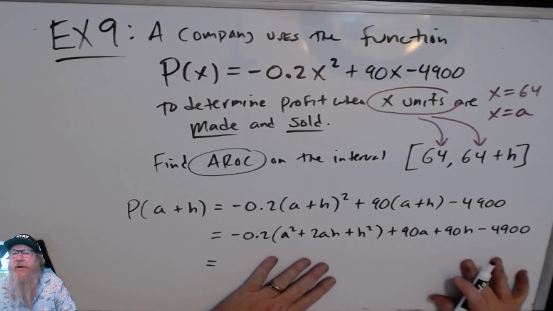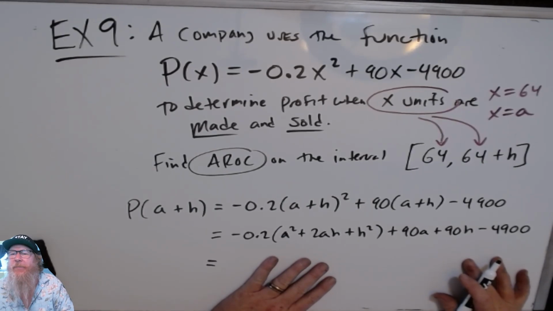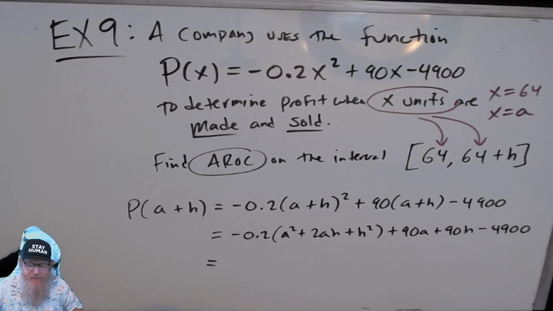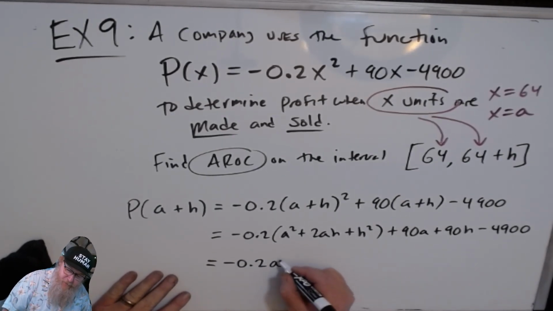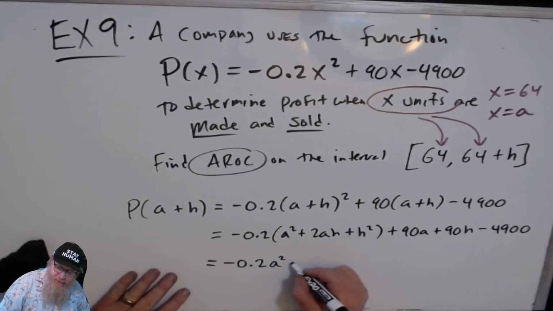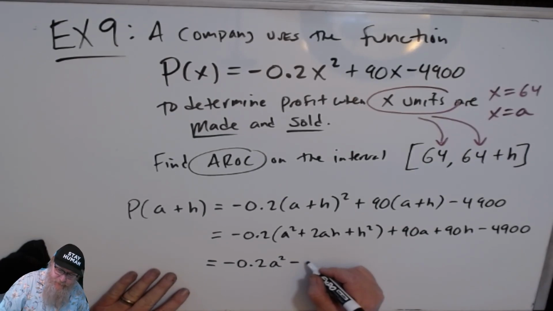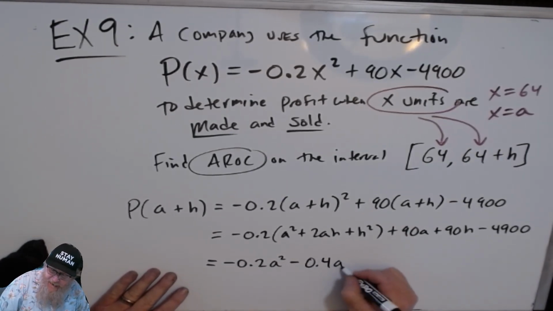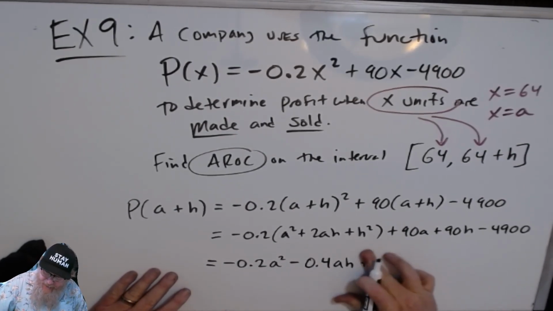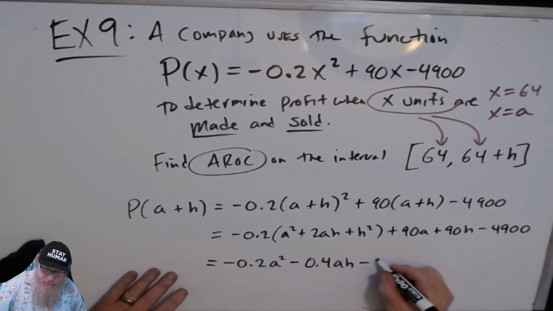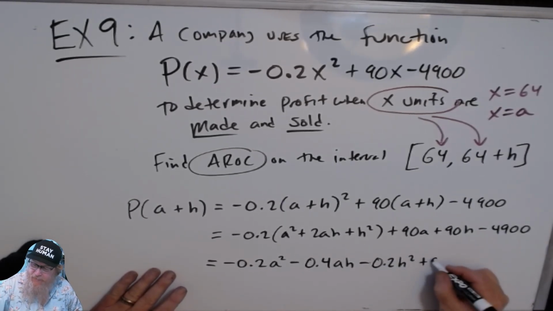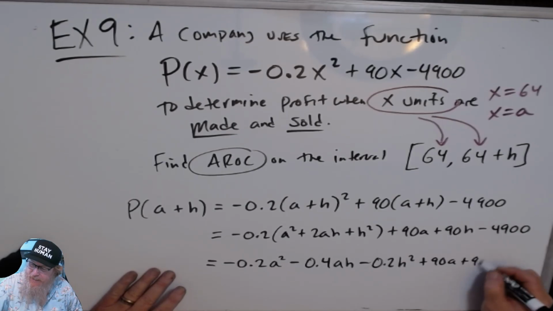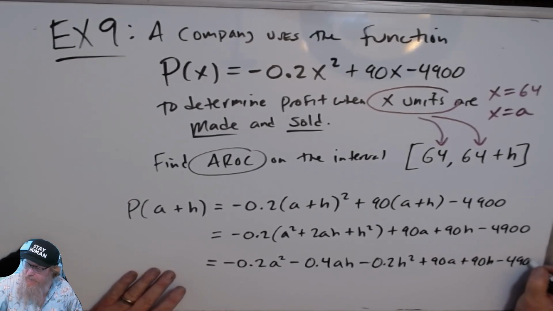Does that look familiar? Yeah, that's exactly what we were doing earlier, but with larger numbers. Oh, and decimals have just shown up. So I've got negative 0.2 a squared minus 0.4 ah minus 0.2 h squared plus 90a plus 90h minus 4,900.